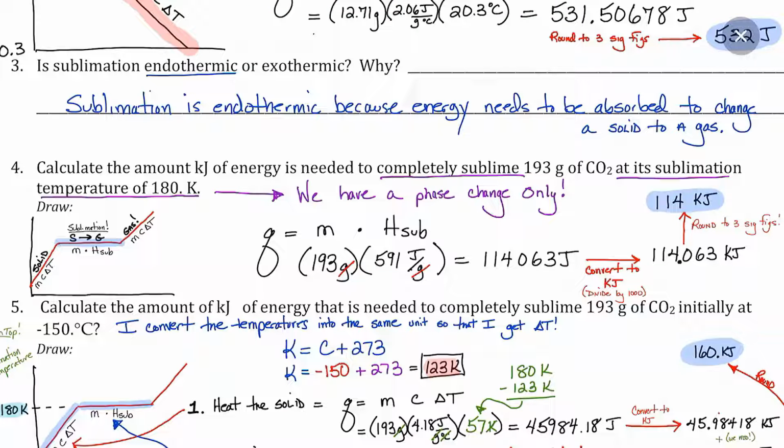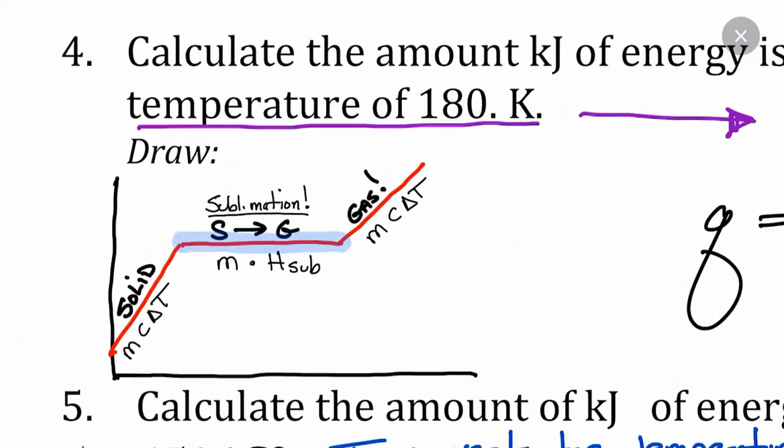And how do I know? Because we want to completely sublime something at its phase change temperature. It's just like if we want to melt ice at 0 degrees Celsius or boil water at 100, we're at a complete phase change. And here's my nice little drawing, where I have a solid going to gas, and of course my phase change is right here, with the kinetic energy, this will be temperature, this would be time, right?